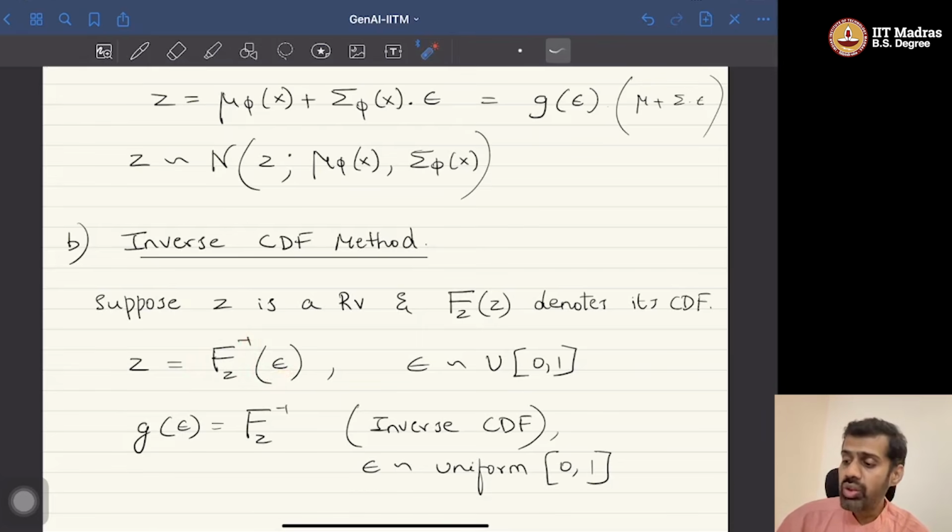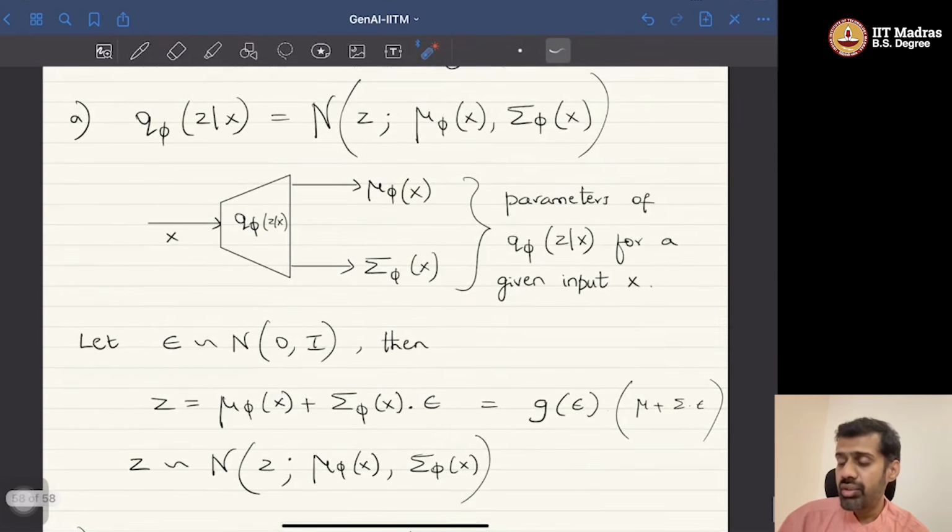Okay, so these are two examples of how one can use reparameterization in the VAE setting. But typically, from an implementation perspective, people assume q phi of z given x to be a Gaussian random variable with a certain mean and variance, and the affine transformation is what is used as the reparameterization. Okay.